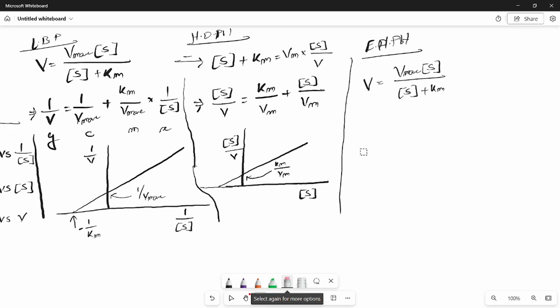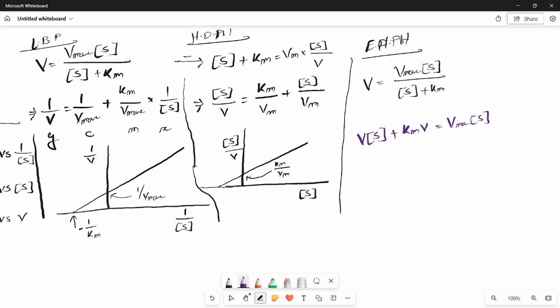At first, simplify the equation, that is, V S plus Km V equals Vmax S, right.